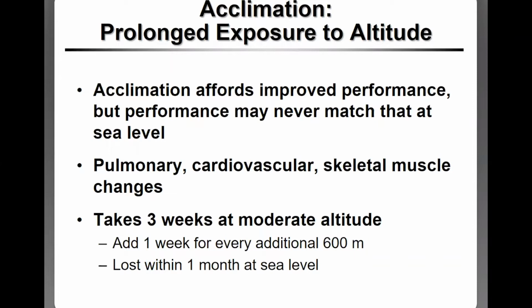So acclimation and acclimatization result in pulmonary, cardiovascular, and skeletal muscle changes that improve performance. And this takes about 3 weeks at moderate altitude. For any increase in altitude above moderate altitude, you would have to add an additional week for every 600 meters of ascent.